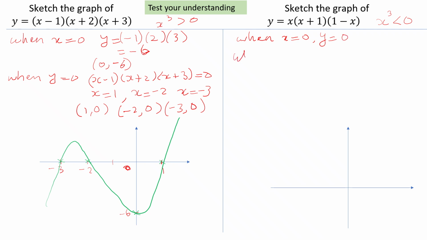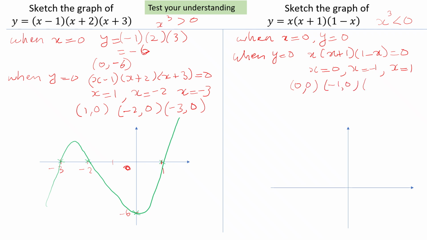So when y equals 0, x times (x + 1) times (1 - x) equals 0. So x equals 0, x equals -1, and x equals 1. So the coordinates (0, 0), and (-1, 0), and (1, 0), and when x equals 0, also same.